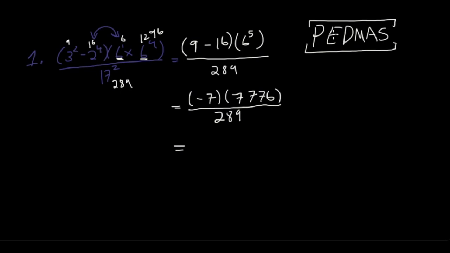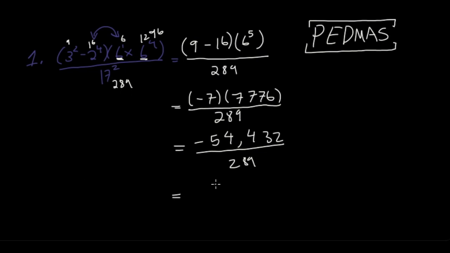We multiply 7,776 times minus 7. 7,776, very large number, times negative 7. And that leaves us with a very large number on the top, negative 54,432, all over 289, divided by 289.